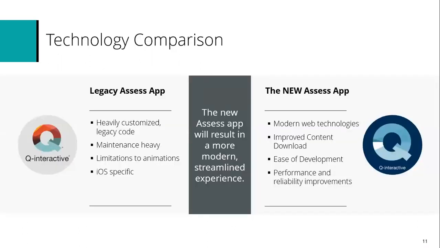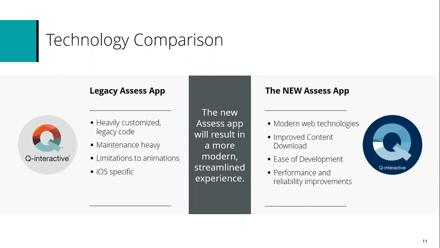So the technology comparison really was important for us to do. The technology advances between the legacy and the new Assess app are really impressive and honestly way above what I understand. But ultimately, we're told that it comes down to the foundation of which these apps are coded. The legacy app required old technology, which had to be heavily customized, and some features just built from the ground up were just iOS specific.